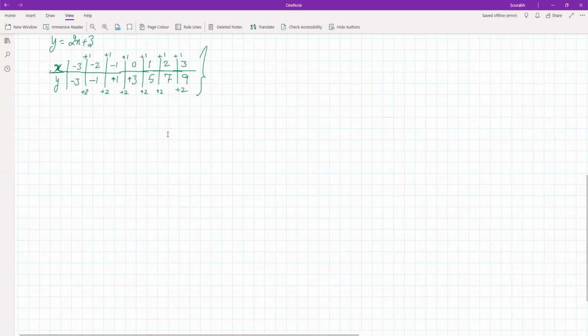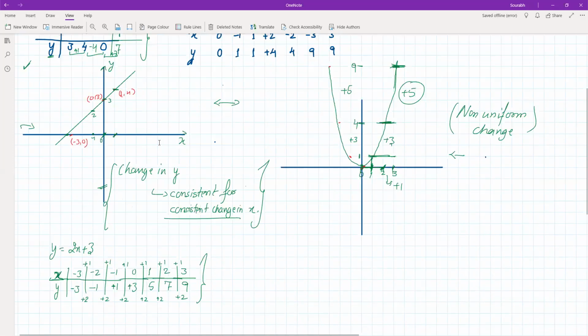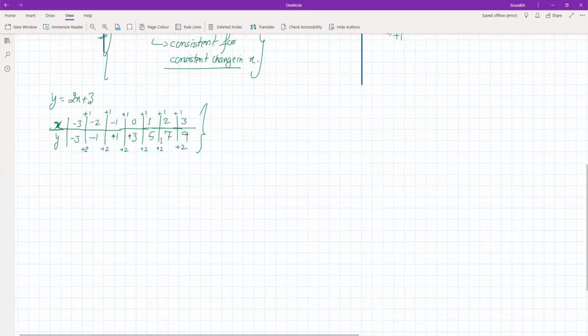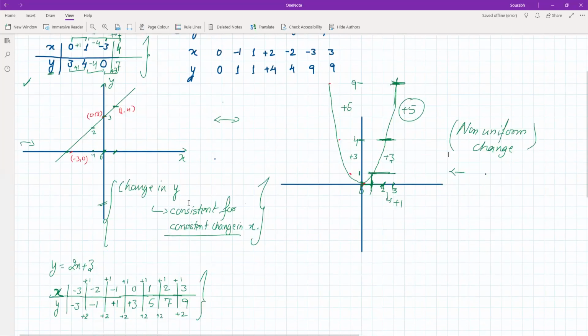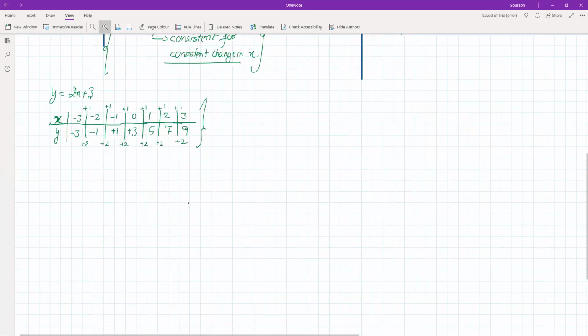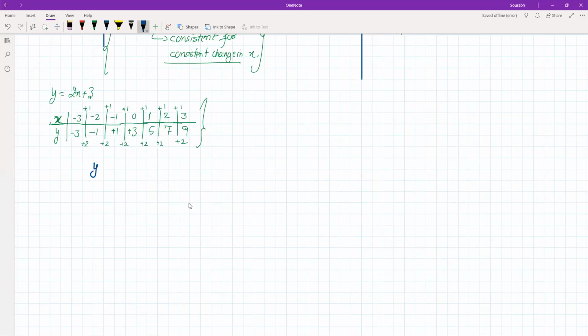Right? So now we have to have a technique of studying these rates of change when the change is uniform. So we represent, say, y as one quantity and x as another quantity. Now change in y will be represented as delta y, and change in x will be represented as delta x.